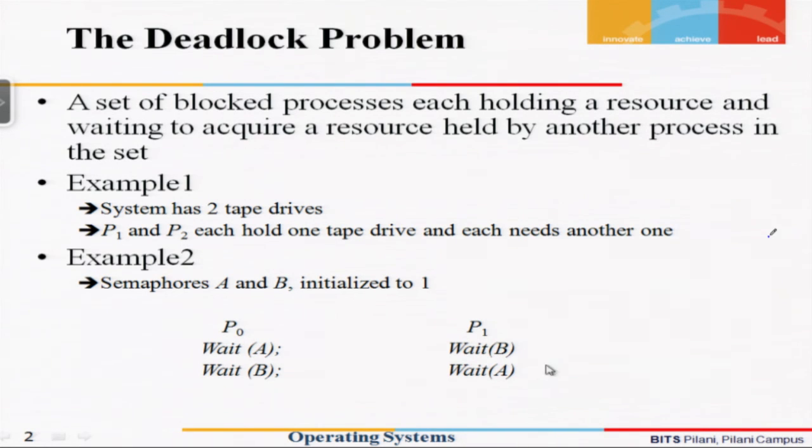So whenever such a scenario occurs, we find that both the processes are going to be suspended or stalled, and they will not be able to progress. We call such a scenario, such a case, that these two processes are in a deadlock condition.